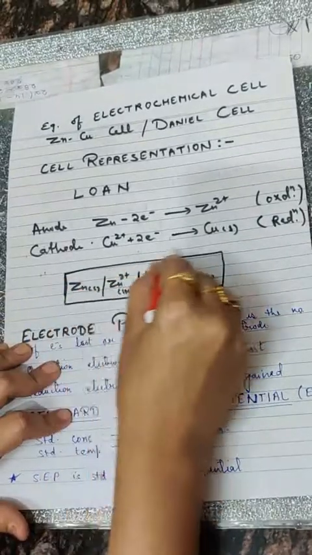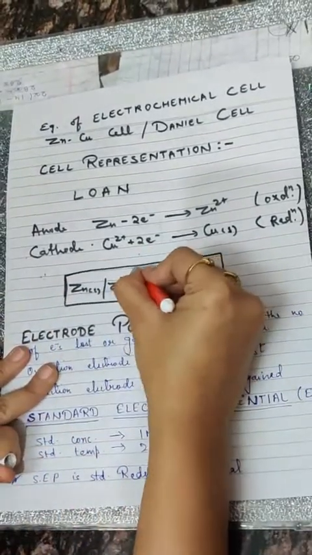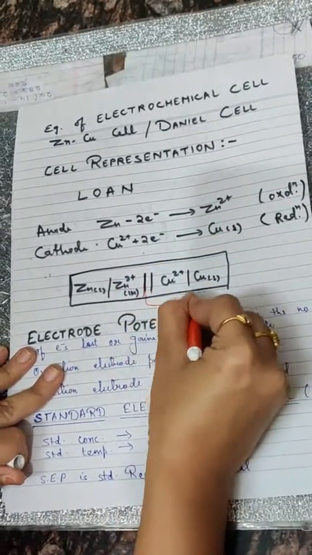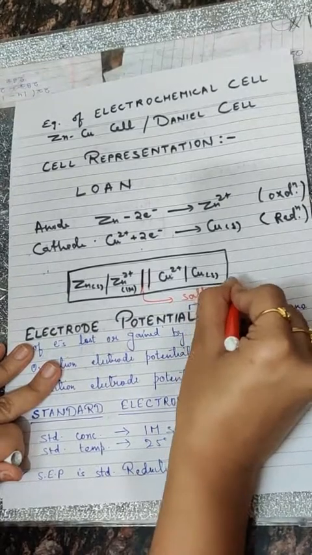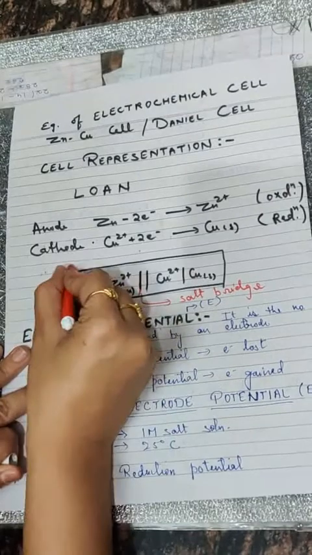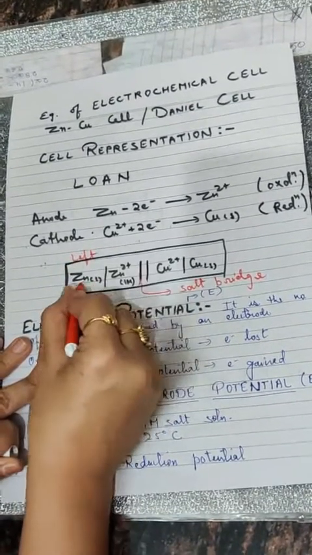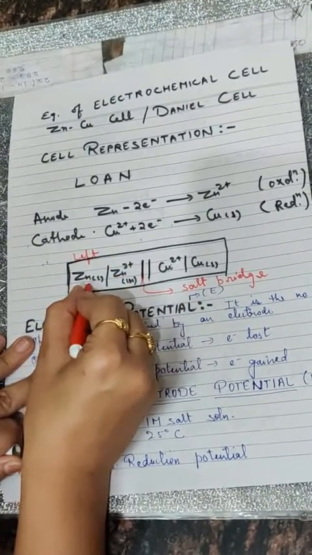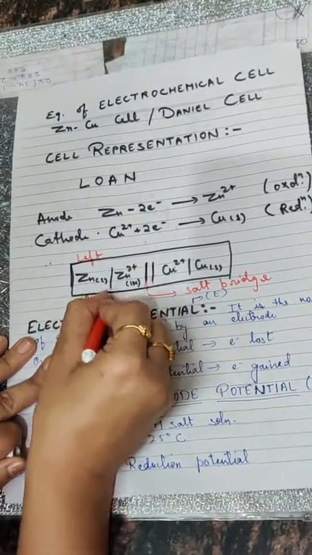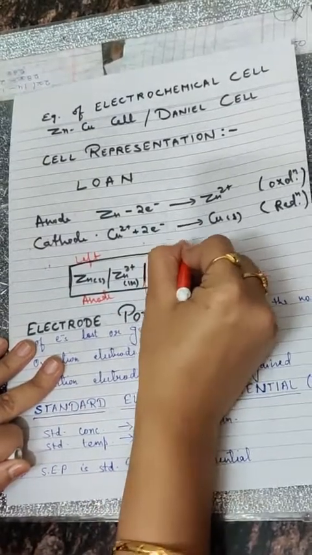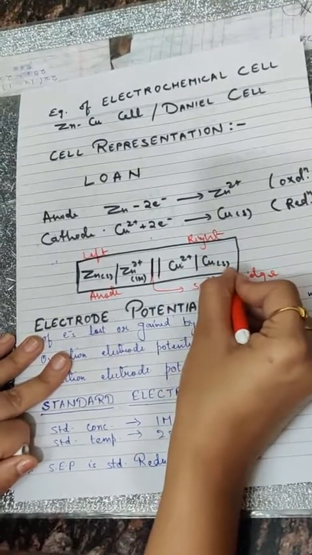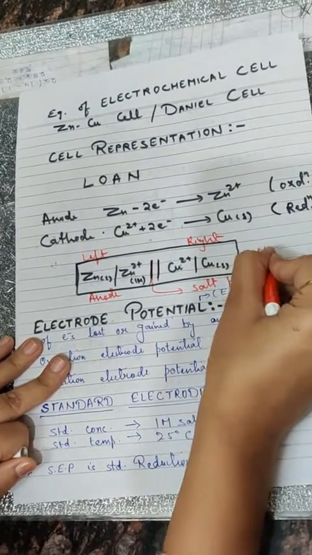Again you can see a diagram here. These two parallel lines indicate the presence of the salt bridge in between, whereas this side, that is the left side, where you can see that oxidation is occurring, Zn is getting converted into Zn2+, acts as anode, and the right side where you can see Cu2+ is getting converted into Cu, acts as cathode.